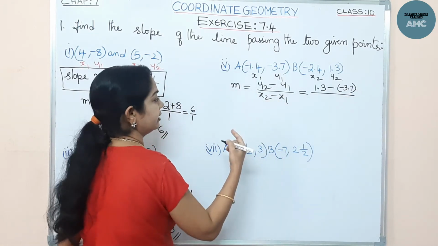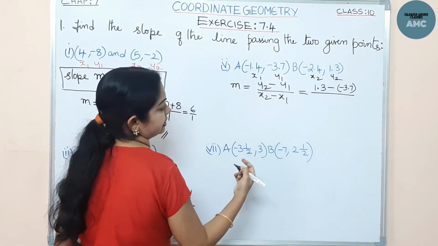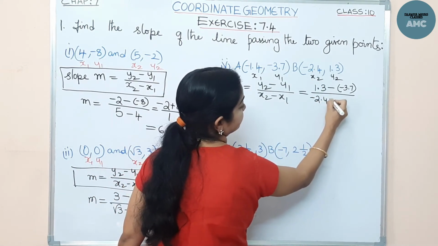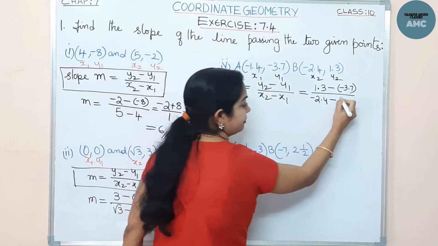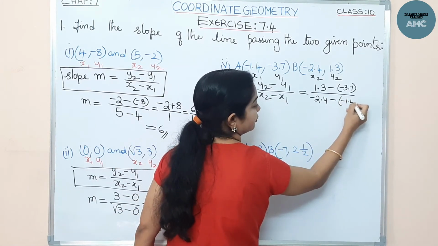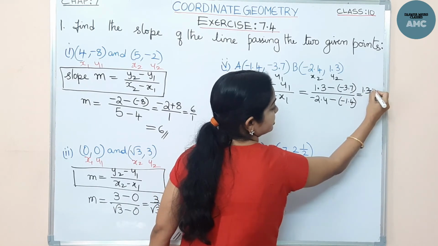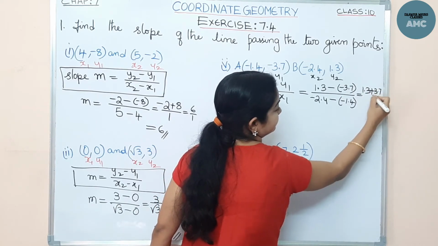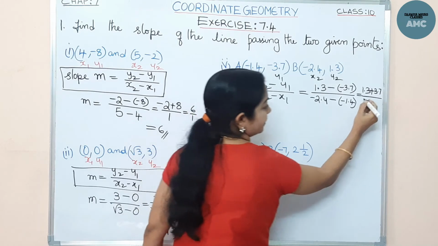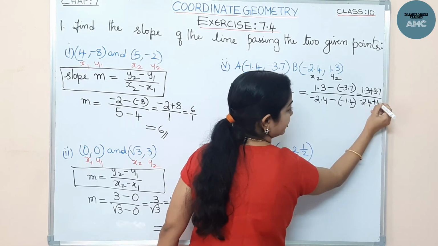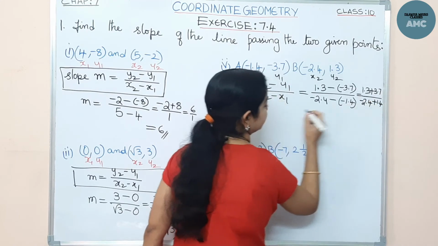So I have kept it in the bracket, both the negative signs. x2 is minus 2.4 minus x1 is again minus 1.4. Now let us see 1.3 minus into minus plus 3.7. Right. Now here minus 2.4 plus 1.4 here.